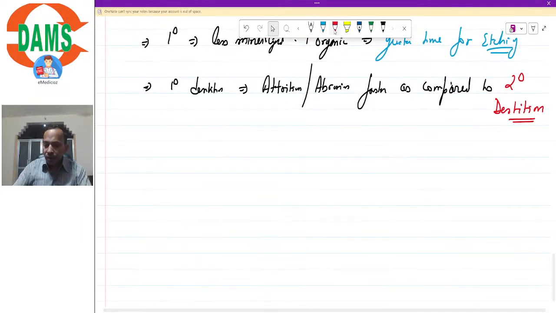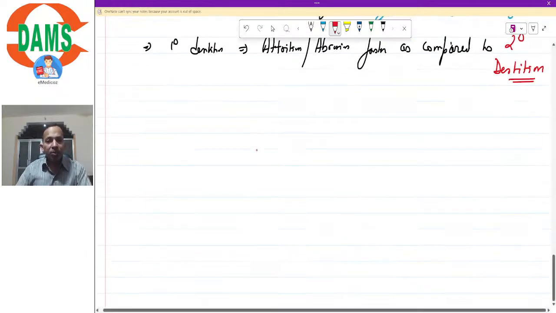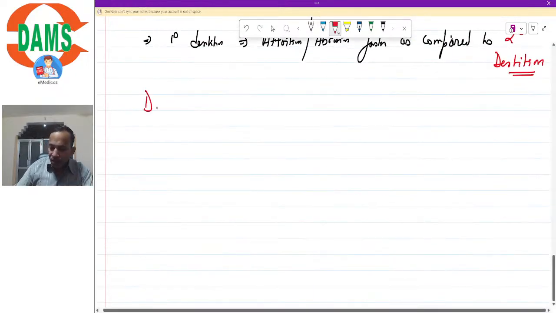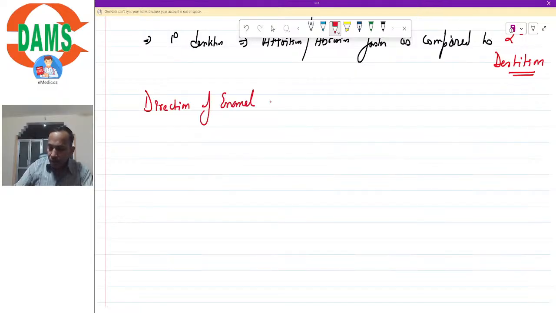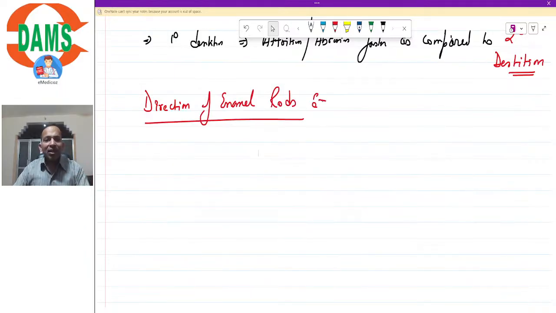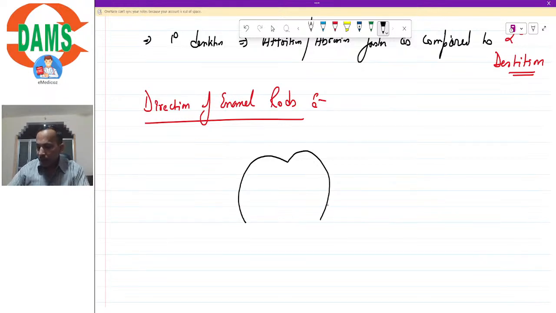Then next, if we go to its microscopic properties, the direction of enamel rods. We have seen in one of the classes on enamel that, let's say, this is the permanent dentin and this is the primary dentin.